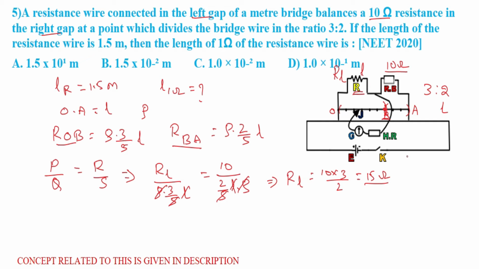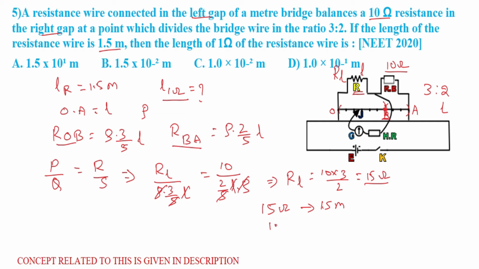Okay, so now what you have to do? You have to calculate the length for a resistance of 1 ohm. Okay, we came to a conclusion that 15 ohm resistance is given by a wire of length 1.5 meters. Okay, now what are we supposed to calculate? We are supposed to calculate the length of the wire that gives resistance of 1 ohm.